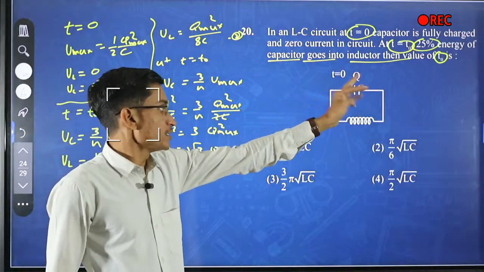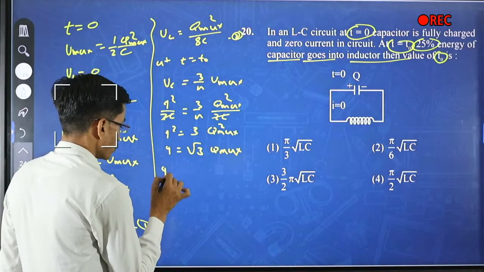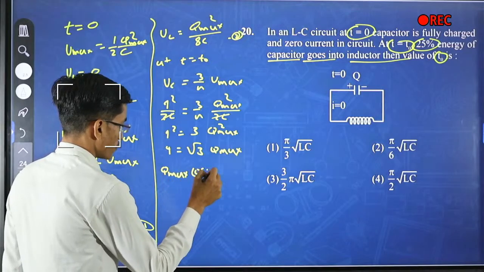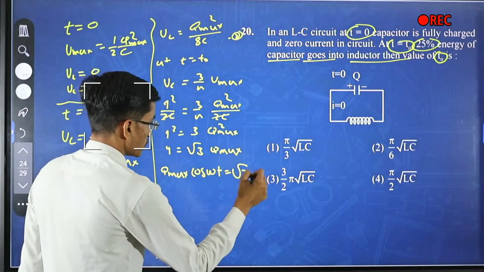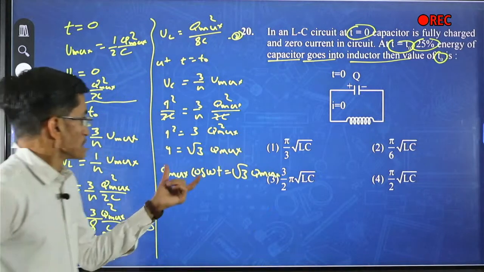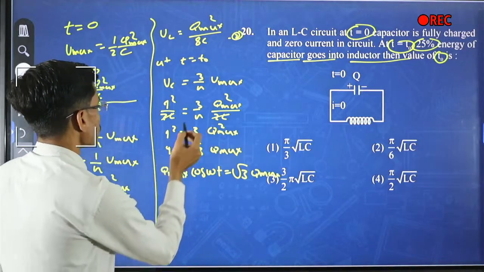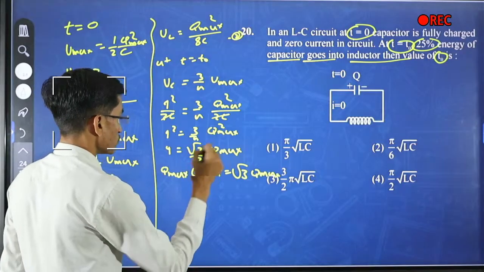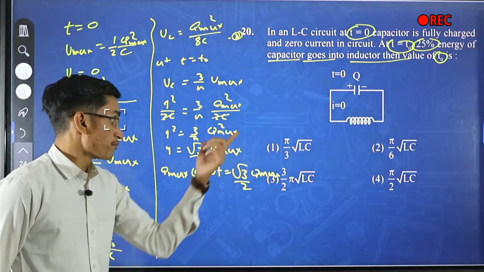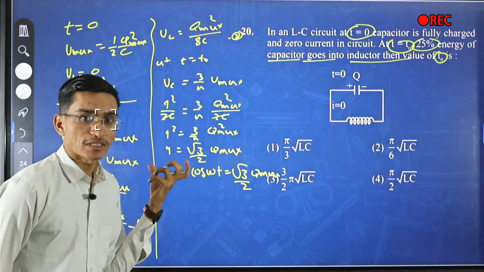And in an LC circuit, LC oscillation, we know that Q can be written as Q maximum into cos omega t, which is equal to root 3 by 2 into Q max. Why? Because at t equal to 0, cos theta will be maximum and the charge on the capacitor will be maximum.